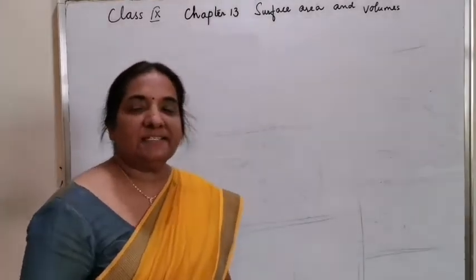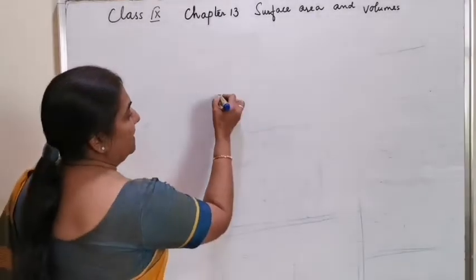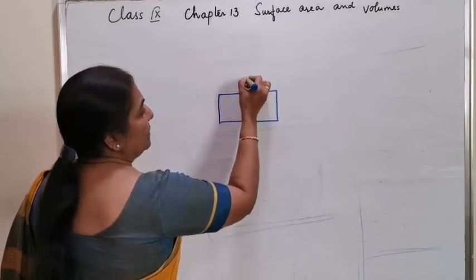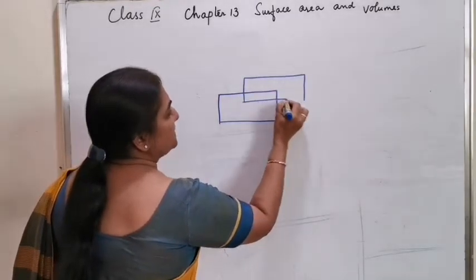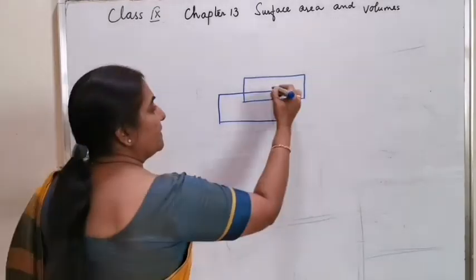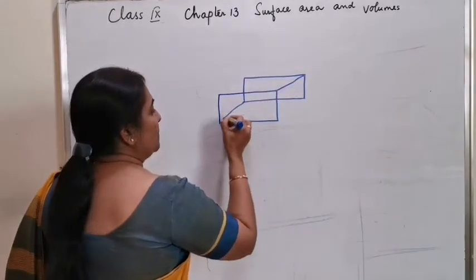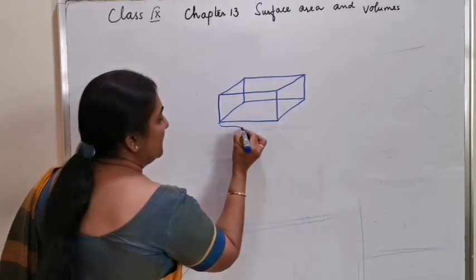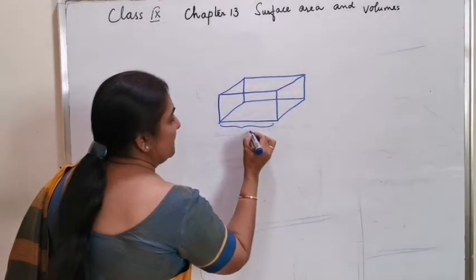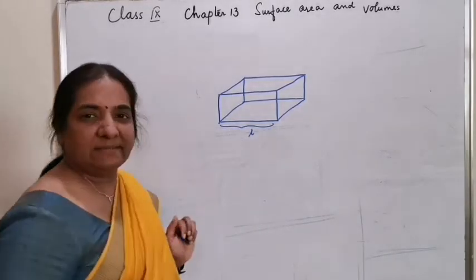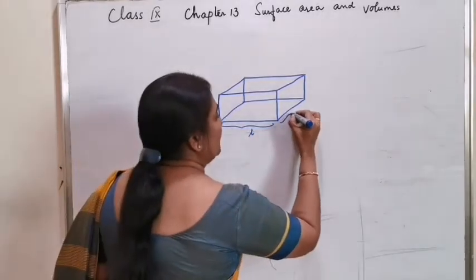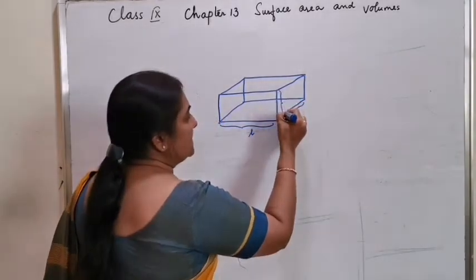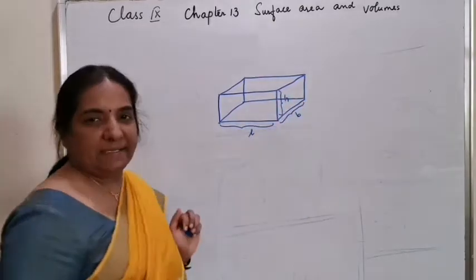Let us represent a cuboid. A cuboid will have only rectangular faces. This will represent a cuboid, where this length will represent the length, this length will represent the breadth, and this length will represent the height.